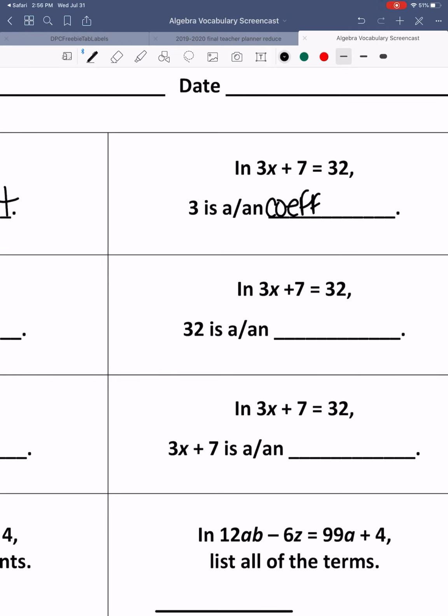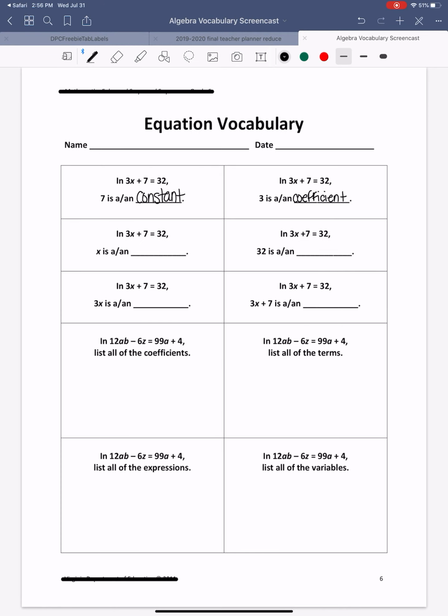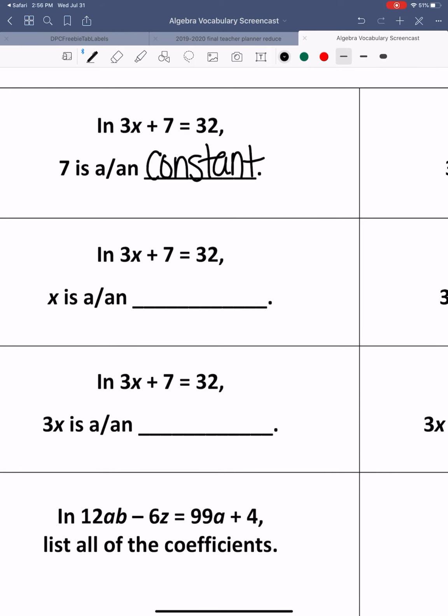Let's do one more, and then you're going to work on the next few with a partner and the last two on your own. So I have 3x plus 7 is equal to 32. Same problem. Now I'm looking at the x. I know that an x or any letter represents an unknown number, and that is a variable.